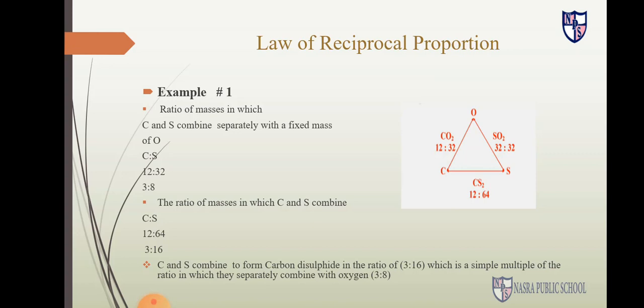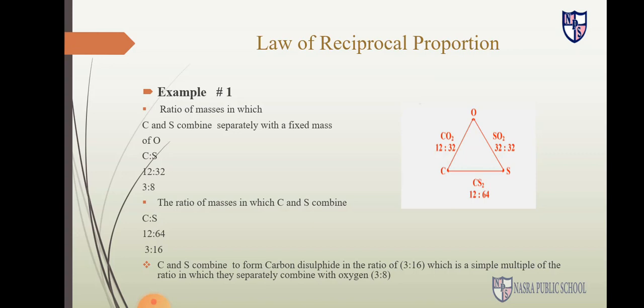Now let's have a look on masses of the elements. In carbon dioxide, there is only one carbon atom, so its mass is 12 gram, and two oxygen atoms, so mass of oxygen will be 32 gram. As you know, the mass of single oxygen atom is 16 gram, but here we have two atoms of oxygen, so it will be double.